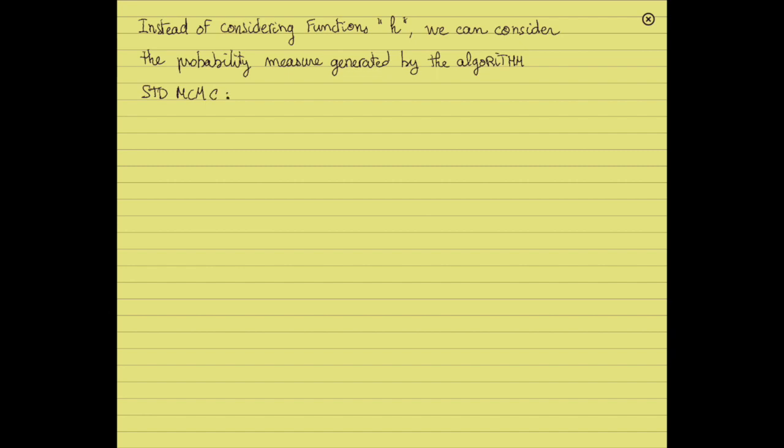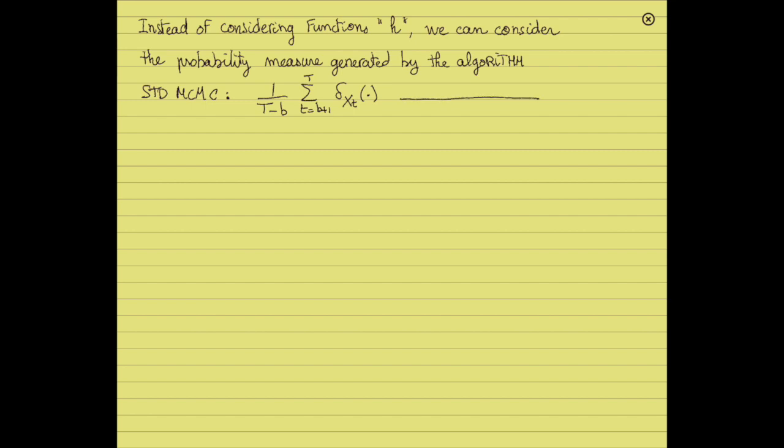So if we look at standard MCMC in that way, we see that it's as if it generates an empirical measure with a delta mass at each of the xt's in the chain after burn-in.